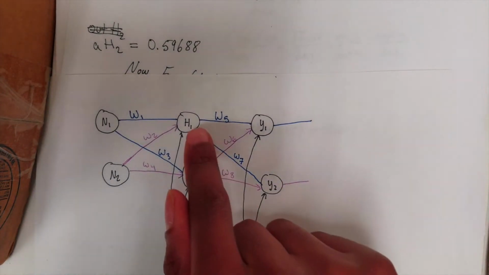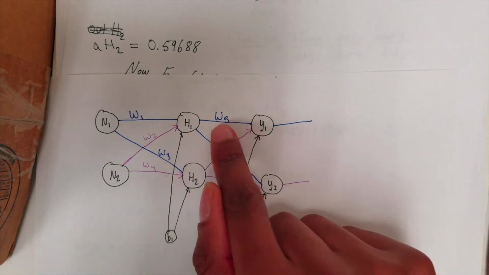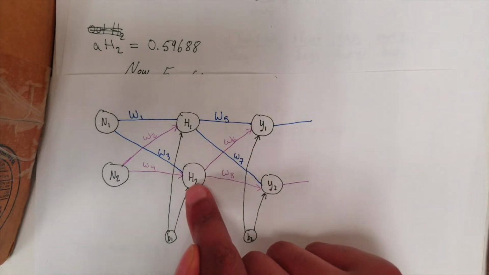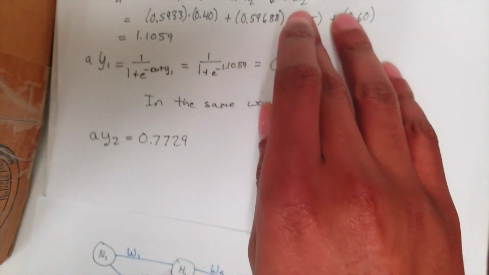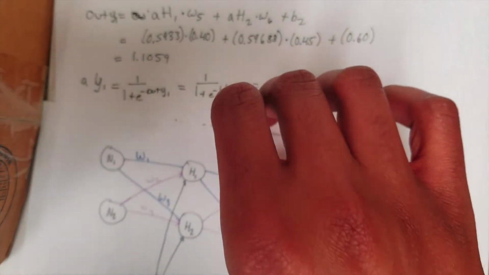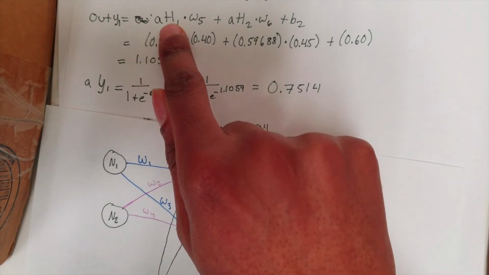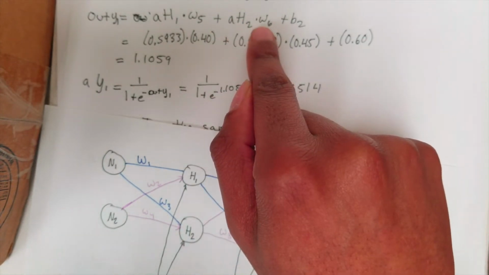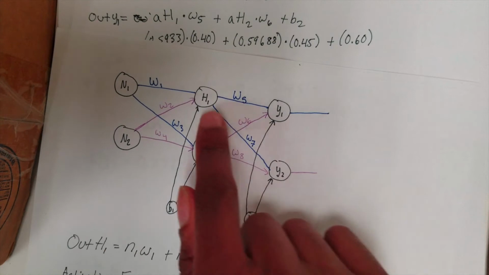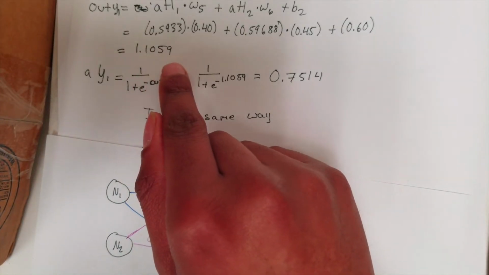Now let's calculate the outputs of Y1 and Y2. It will be the activation of H1 times W5 and the activation of H2 times W6 for Y1. The output of Y1 is equal to the activation of H1 times W5 plus the activation of H2 times W6 plus B2, and we get the value of 1.1059.